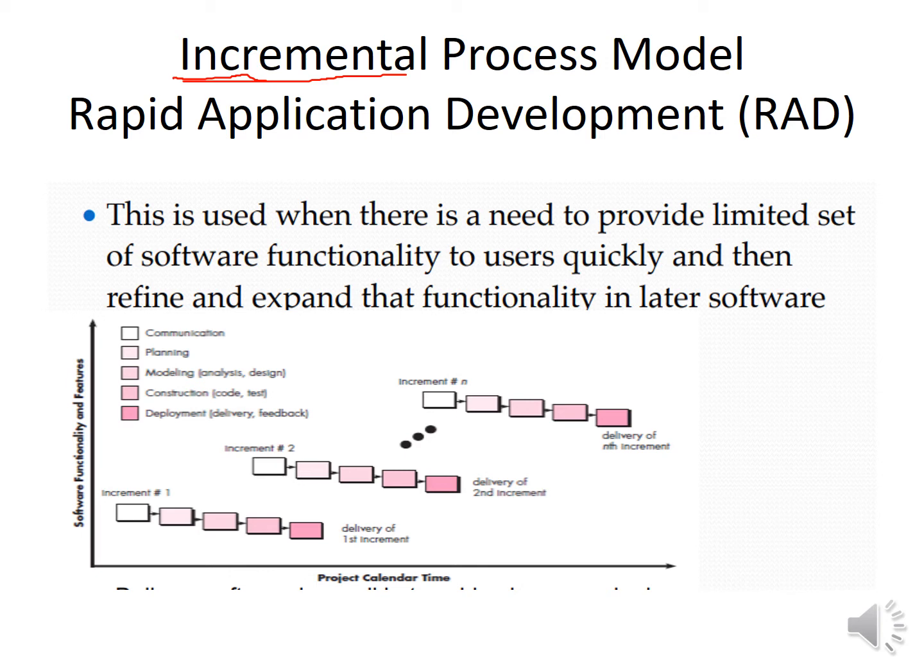What exactly is the rapid application development model? See, the basic five stages are communication, planning, modeling, construction and deployment. These five stages are very basic in any developmental model when we deal with software engineering.